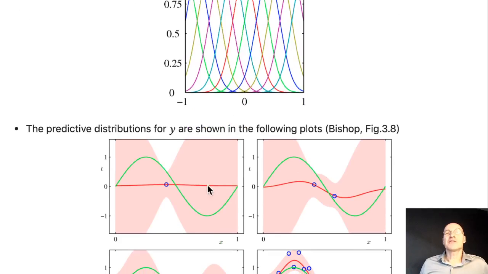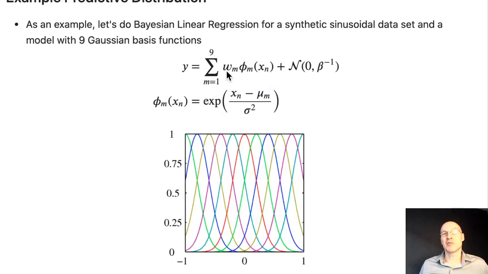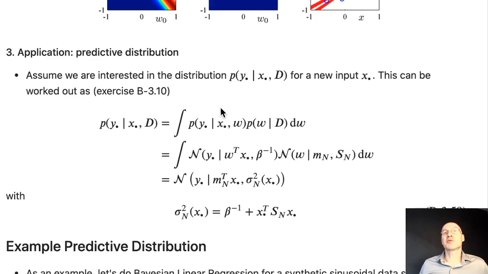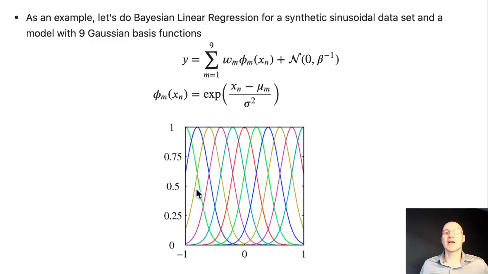Now after I've seen one data point, I can update my posterior for w, and using that posterior I can actually work out this integral and come up with my distribution for y.